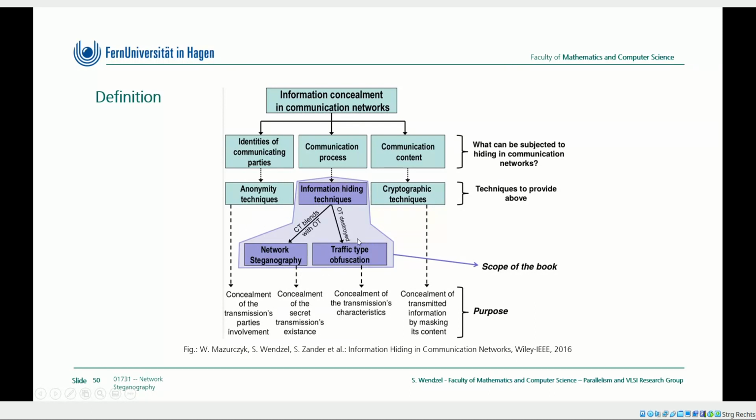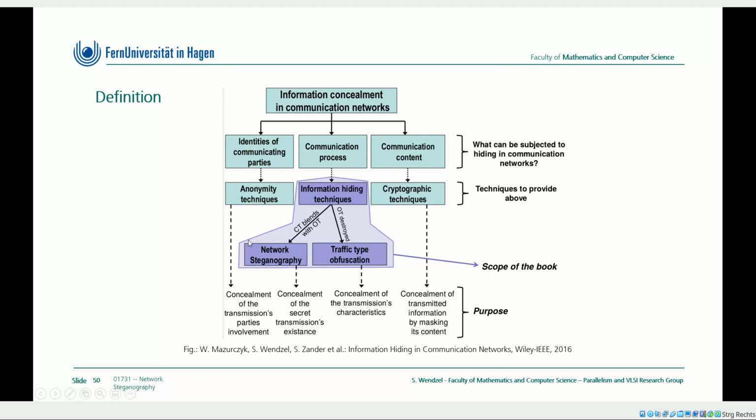So first of all, we could perform traffic obfuscation, where the overt type OT would be destroyed because when we apply traffic type obfuscation, we modify the carrier to conceal the characteristics of the transmissions. For instance, we could let a secret data transfer in the Tor network appear like typical HTTP traffic.